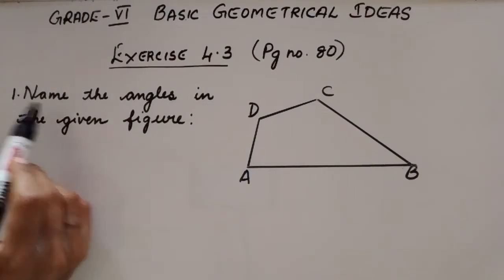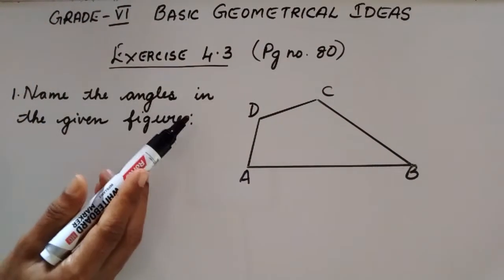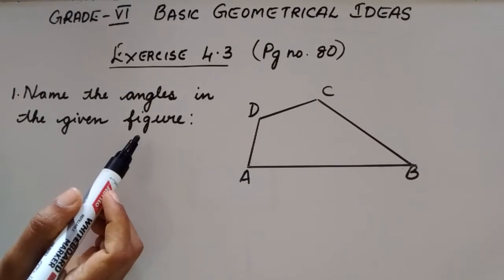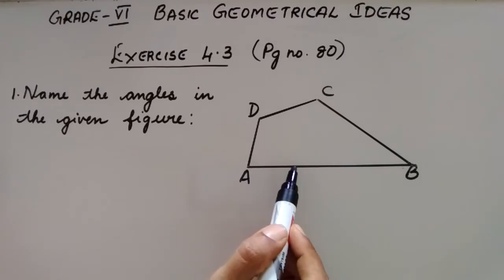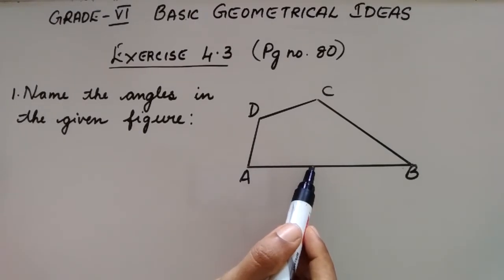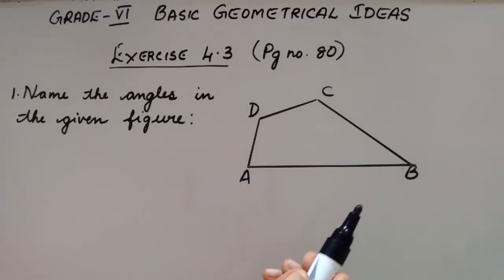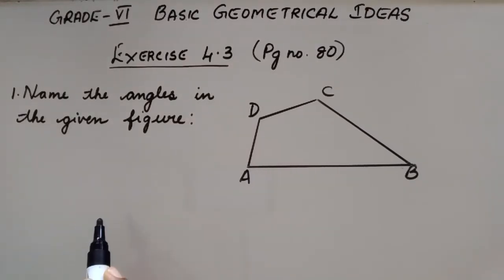Problem number 1, name the angles in the given figure. So we have to name the angles in this figure. We have already learned that angles can be named in two different ways.